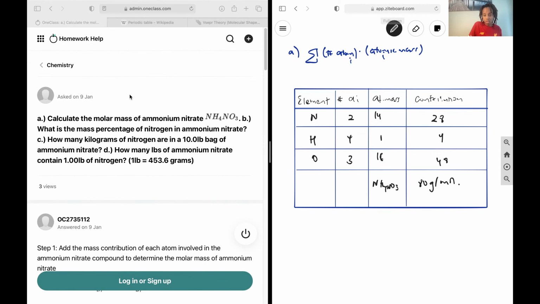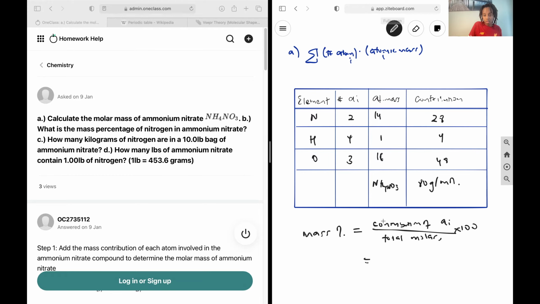Next up, they ask, what is the mass percentage of nitrogen in ammonium nitrate? And we're going to calculate this using the molar mass of ammonium nitrate and the atomic mass or contribution of the nitrogens. And so the mass percentage is going to be the contribution of whatever atom we have over the total molar mass of our substance, times 100 because it's a percentage.